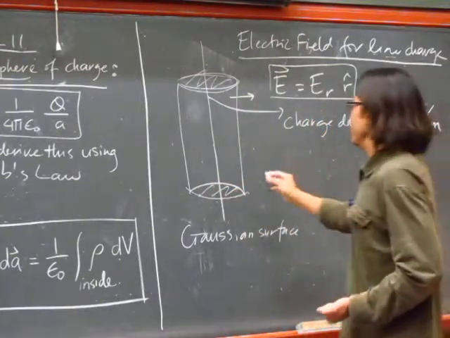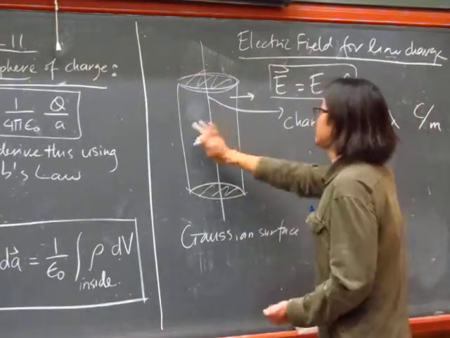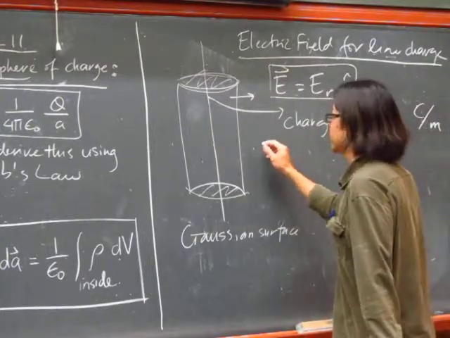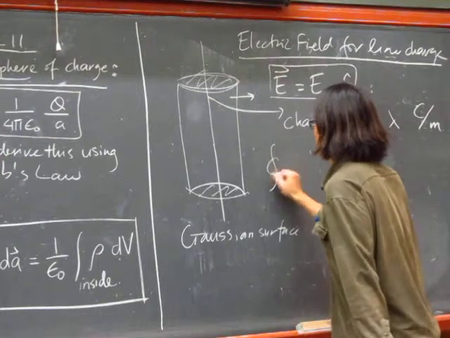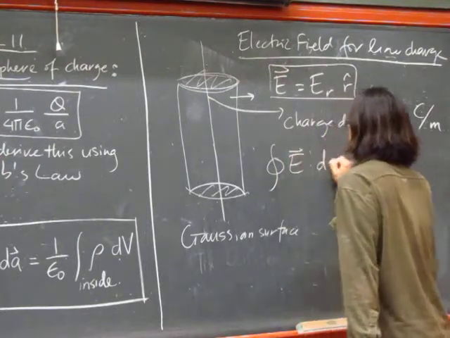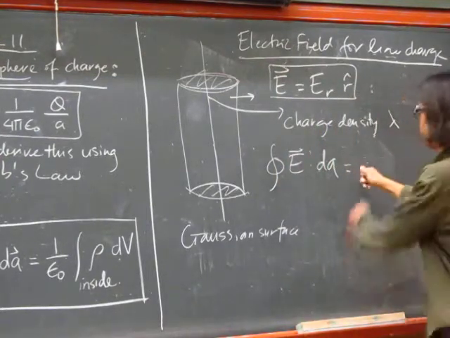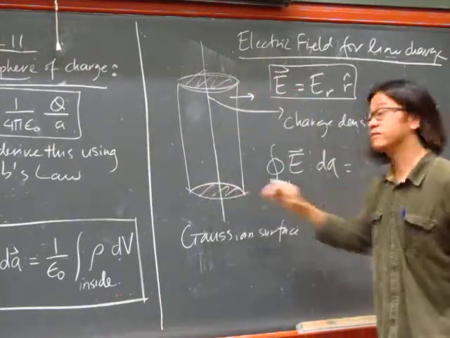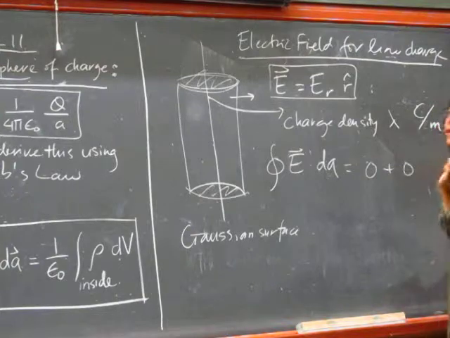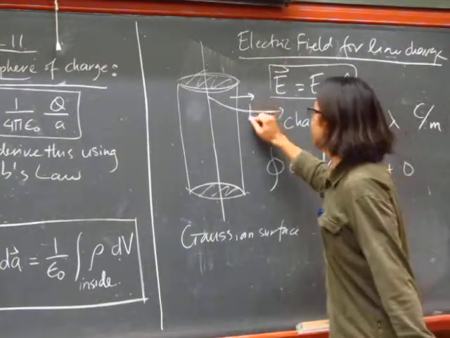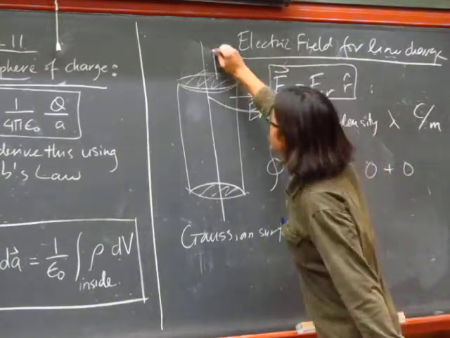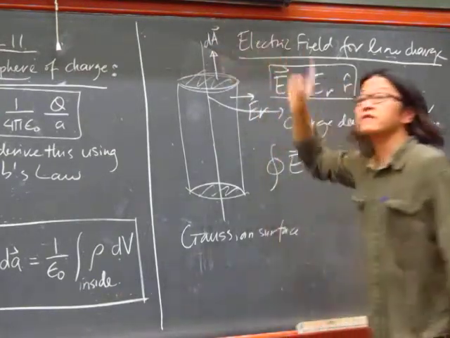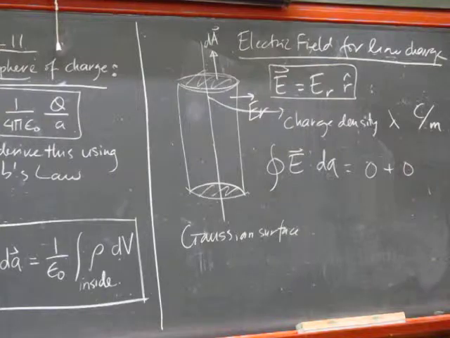So the flux is divided into 3 parts. The first 2 parts, through the top surface and the bottom surface, are 0, because the electric field is radial but the surface element dA is normal to the axis.